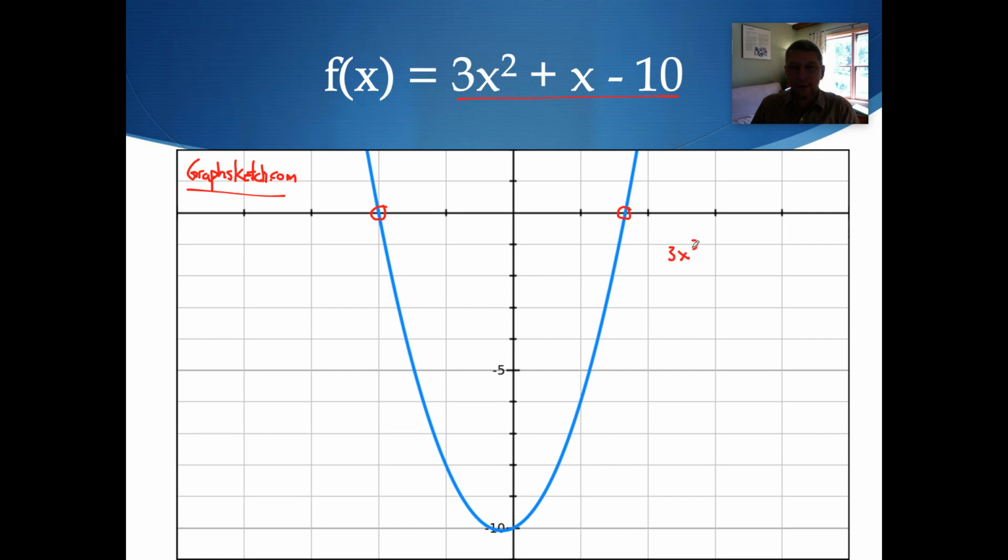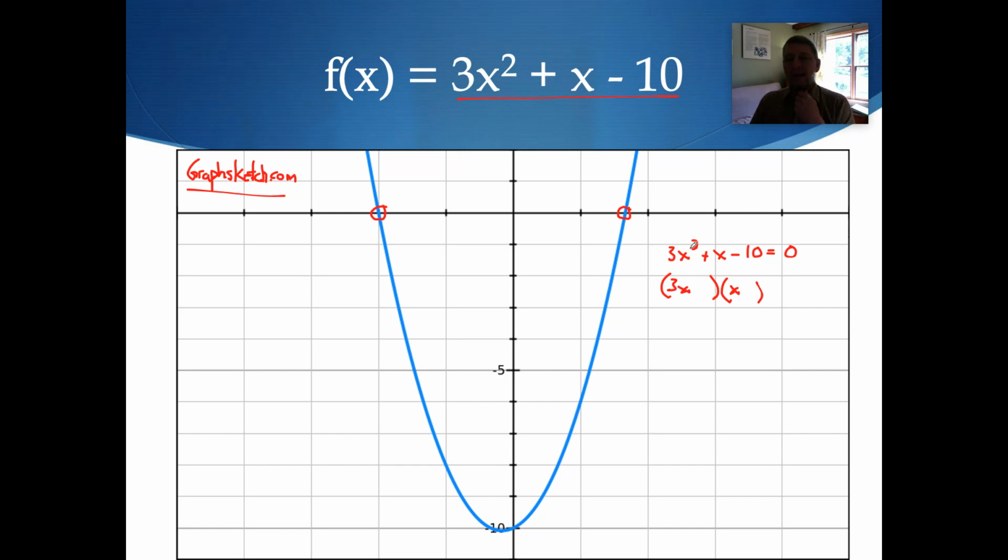So let's do this, shall we? 3x squared plus x minus 10 equals 0. I have to factor this. So I'm going to have 3x here and x here, because 3x times x is 3x squared.